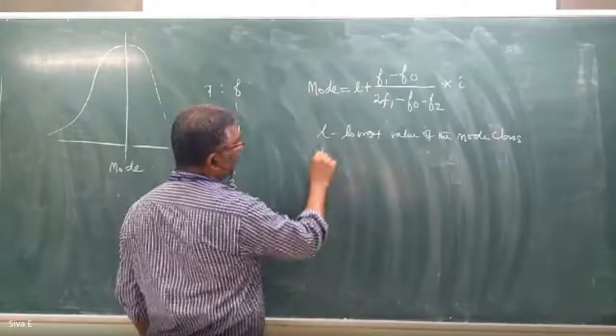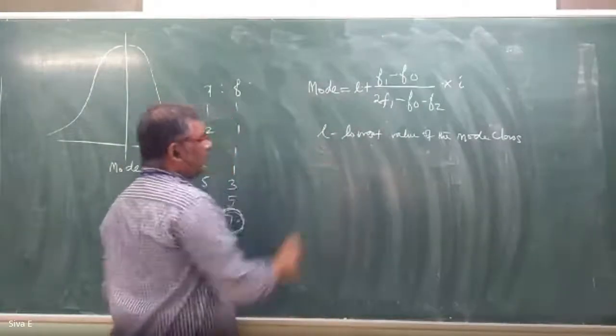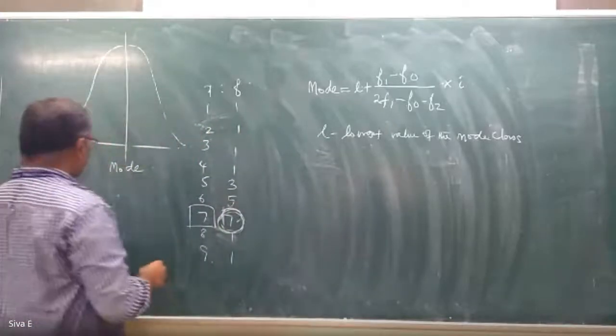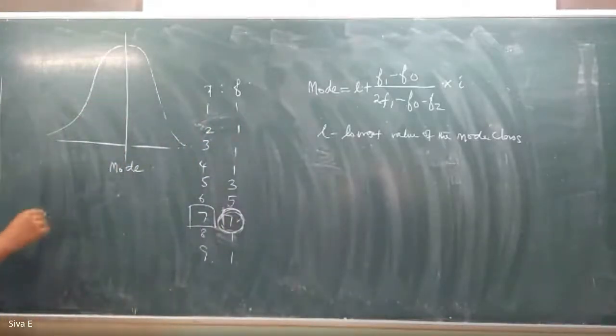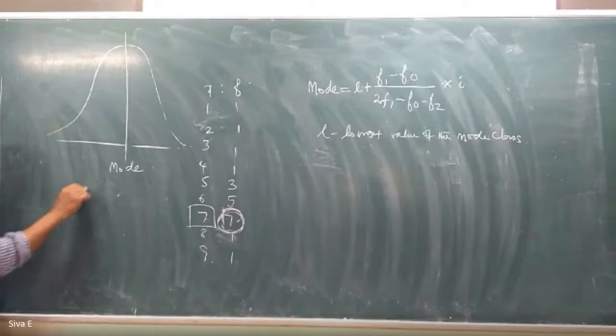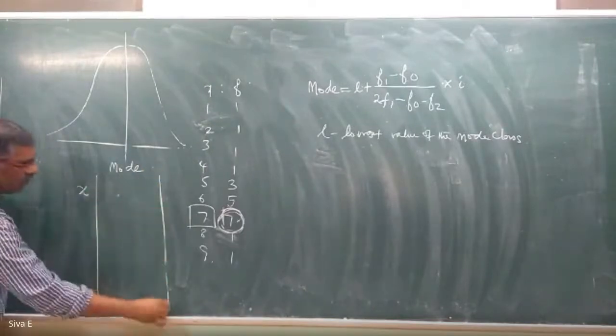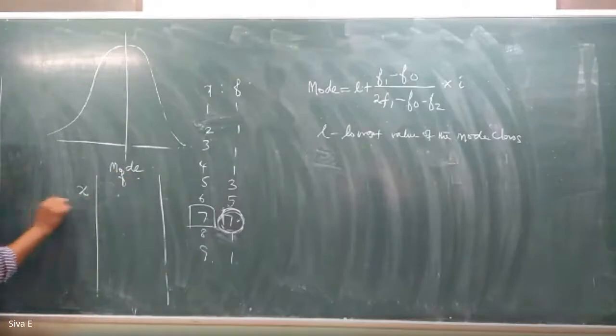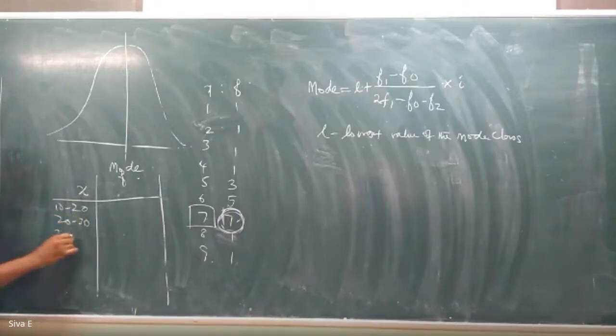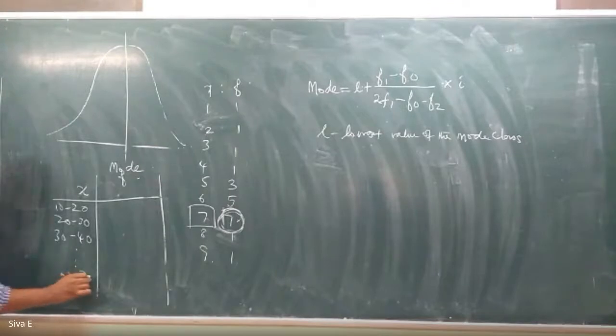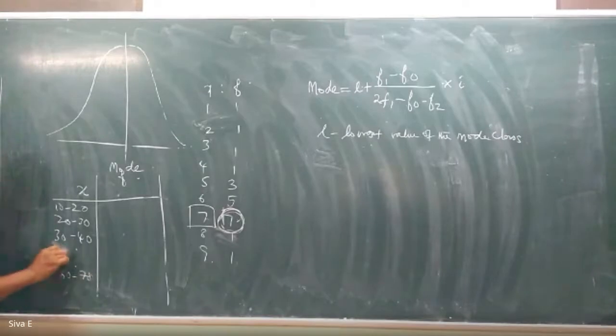Then, in the continuous case, how can you write F0, F1, F2? X is the interval, then the frequency. For example 10 to 20, 20 to 30, 40 to 50, 50 to 60, 60 to 70, like that.